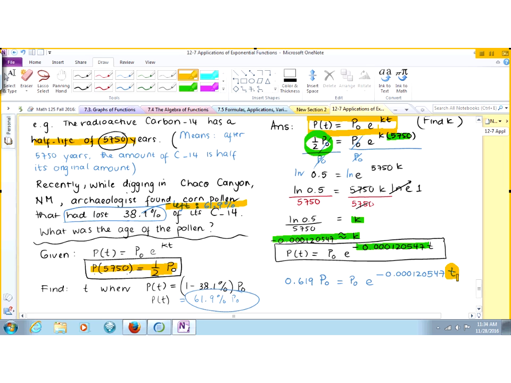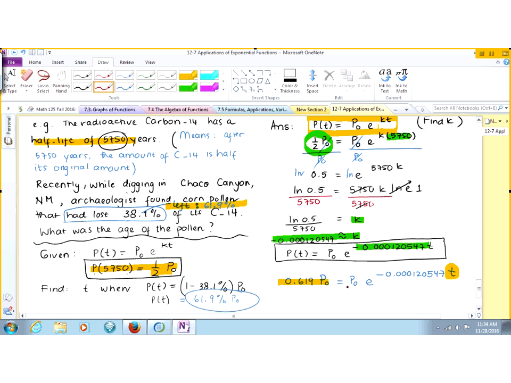That's what I want to find. So this is what's left: 61.9% of the original.